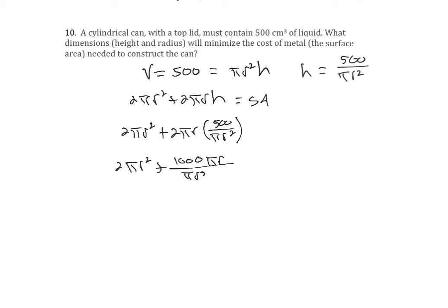When we simplify, we get 2 pi r squared plus 1,000 over r. Then what we need to do is enter that into Desmos or whatever graphing app you want to use. Again, remember to replace the r with the x for Desmos, because it won't understand if you just put in an r.